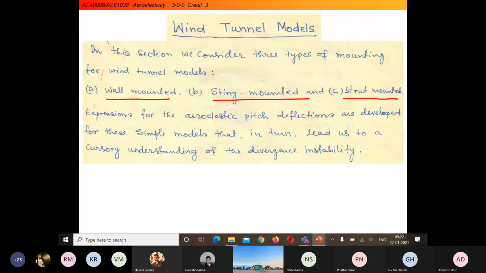Obviously, when I am talking of a wind tunnel model, we will not be able to take the full scale model because of the limitation in our test section of the wind tunnel. We have to take a scaled model of the full aircraft, either a scaled wing model, or a scaled full aircraft model.